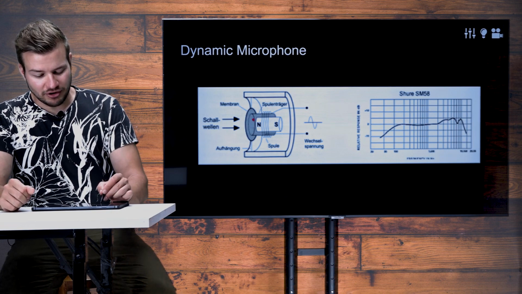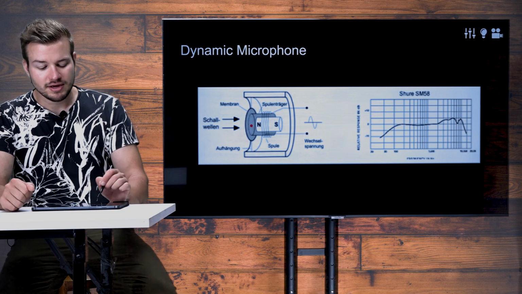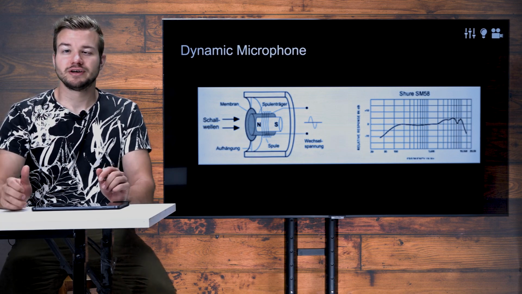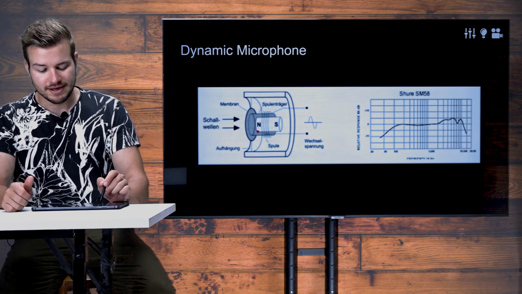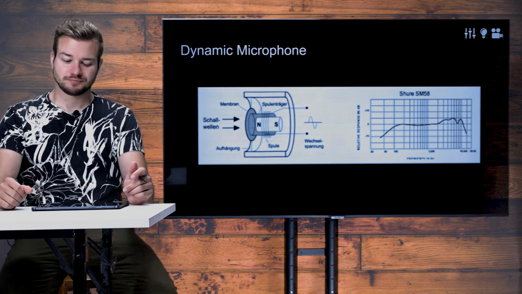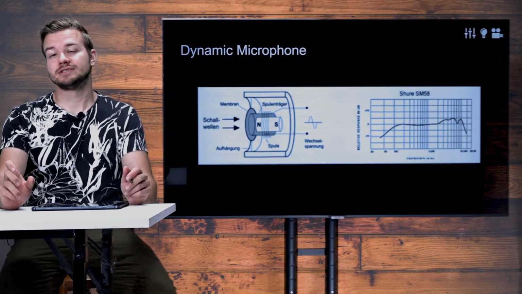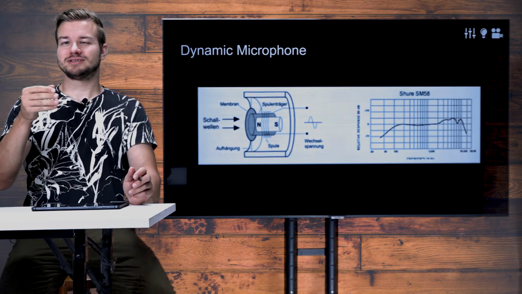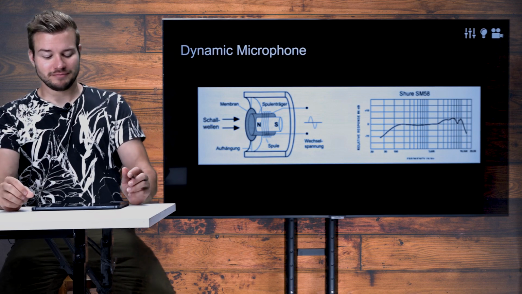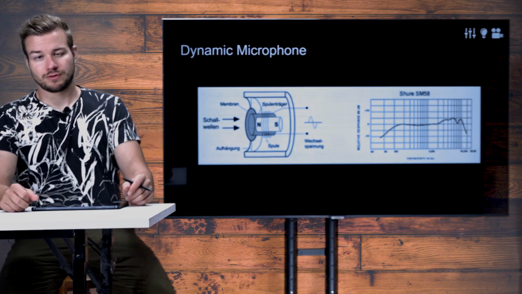At the very beginning, where the voice is coming in, there is a little membrane, and this membrane starts moving when the vocal starts to sing. Through the movement of the membrane, the magnet starts moving within this coil. Depending on the sound coming from the vocal, the magnet moves back and forth differently.